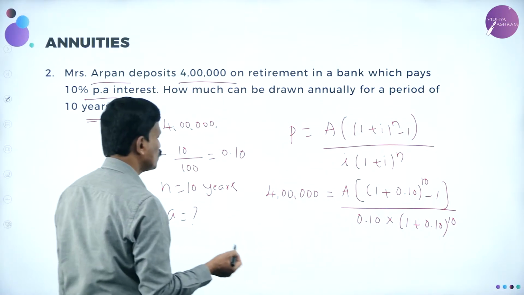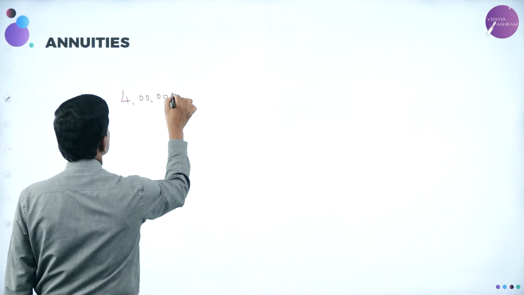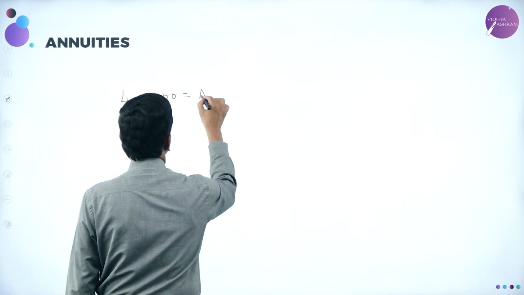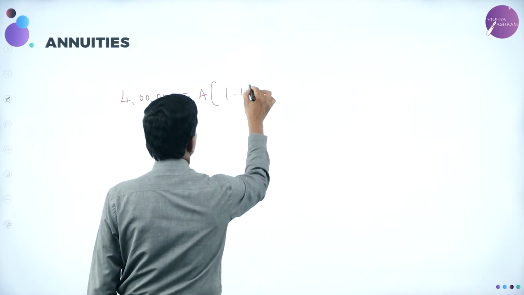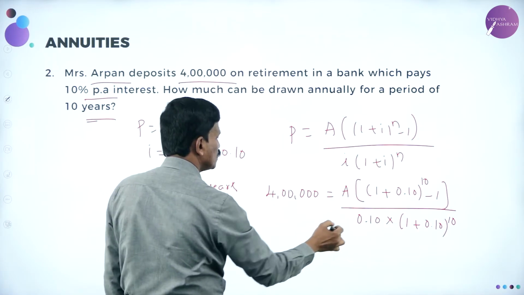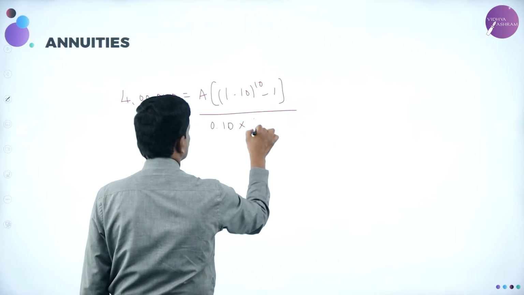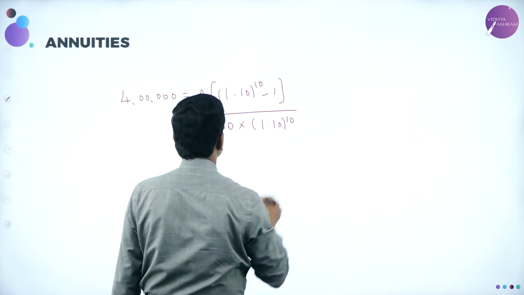Simplify this. This can be written as 4 lakhs is equal to A into, what is this? 1 plus 0.10, that is 1.10 to the power of 10 minus 1 divided by 0.10 into 1.10 to the power of 10.